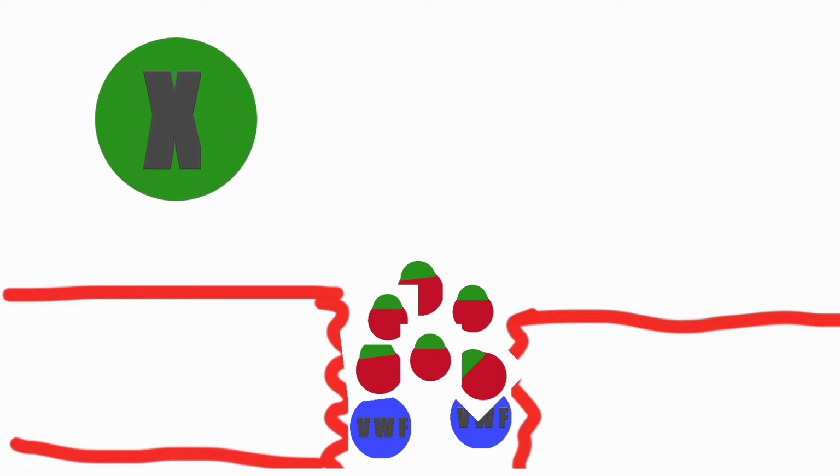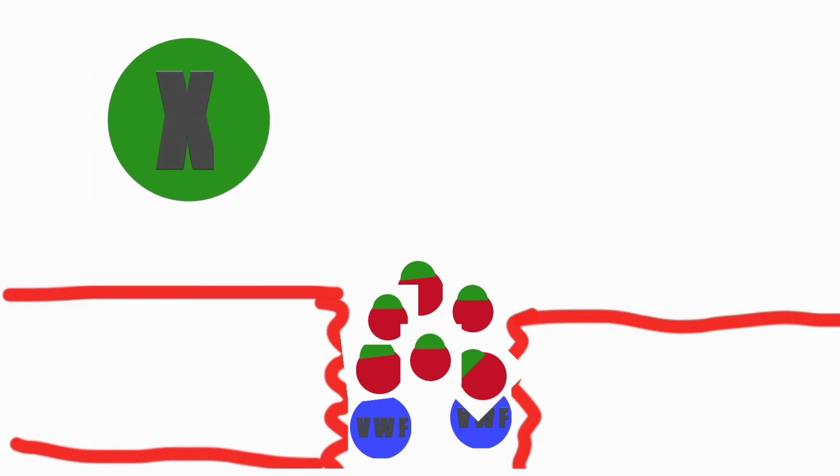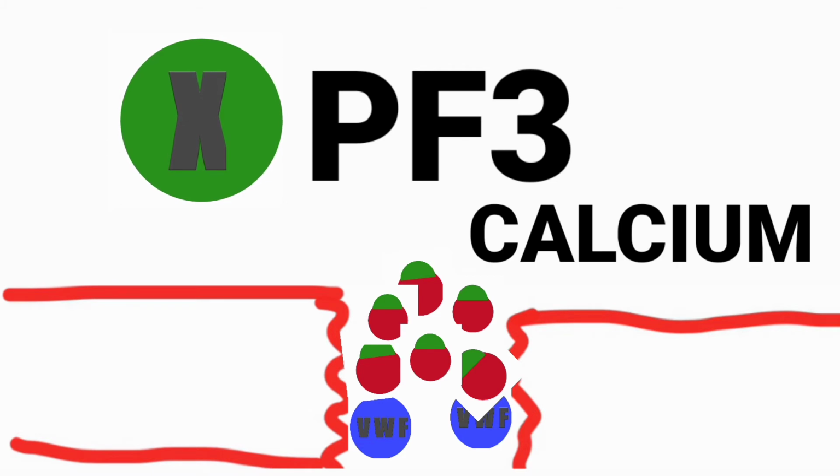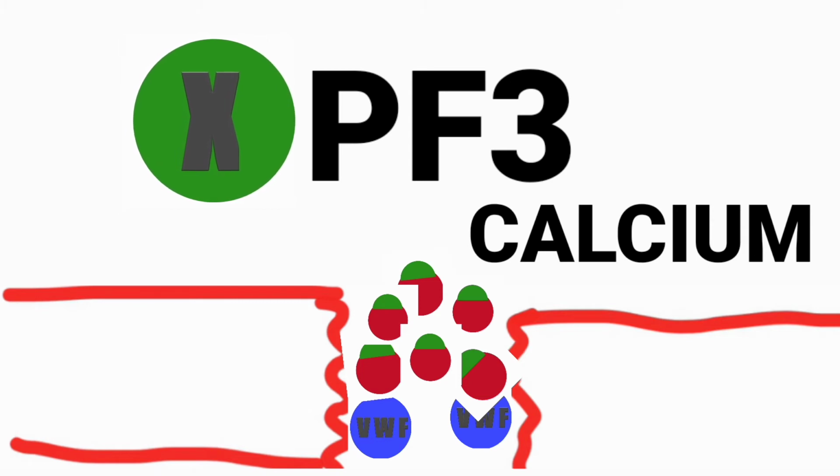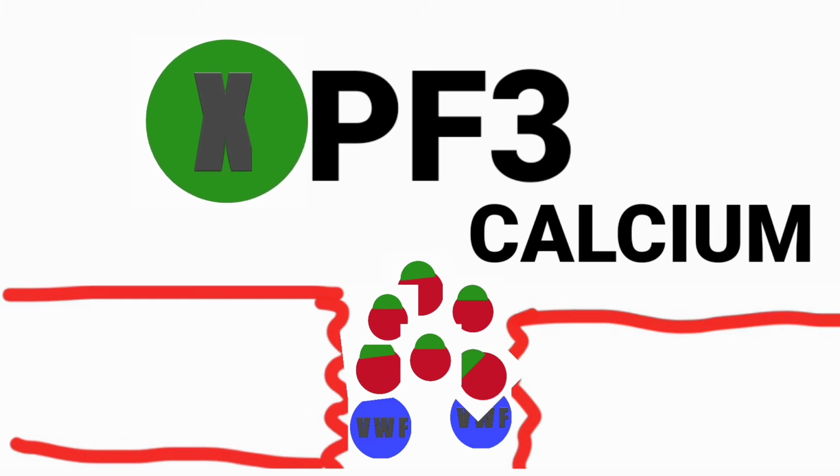This reaction of combining factor 9 and factor 8 to form a complex that will activate factor 10 requires plasma factor 3 and calcium as cofactors. So for this reaction to occur, these cofactors are needed. What did I call these cofactors? They are plasma factor 3 and calcium.